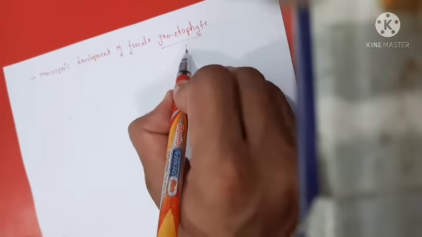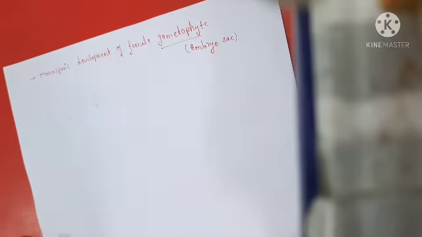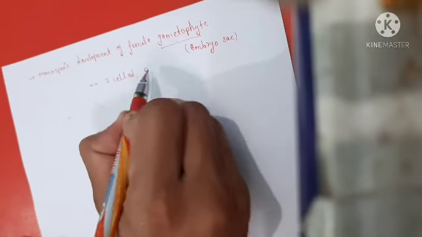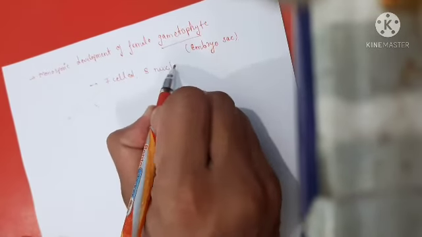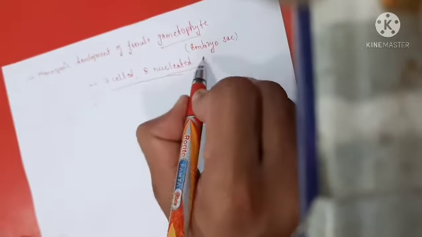Female gametophyte means embryo sac. A question may be asked in the exam as: explain the monosporic development of the female gametophyte, or it may also be asked as: explain the development of the embryo sac, or one more way, it is also called the 7-celled, 8-nucleated Polygonum type.